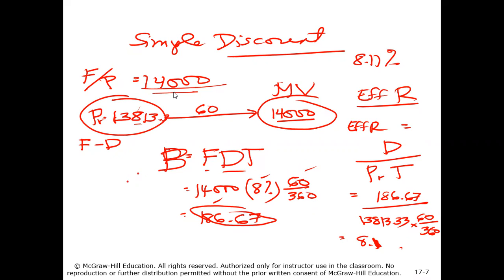Yung face or yung principal pareho lang. Nagkakaiba sila sa proceeds. Yung interest, kung parehong 8%, pareho lang kakalabasan yung interest at saka yung discount. Okay? So naiiba yung proceeds, yung maturity value at saka yung effective rate. Okay. Thank you, sir.